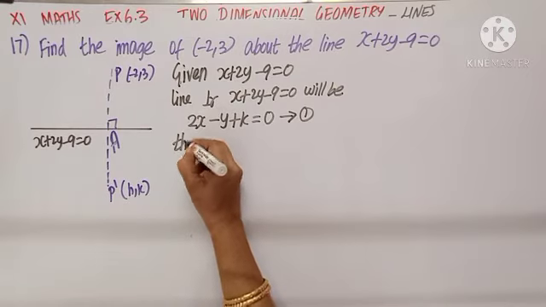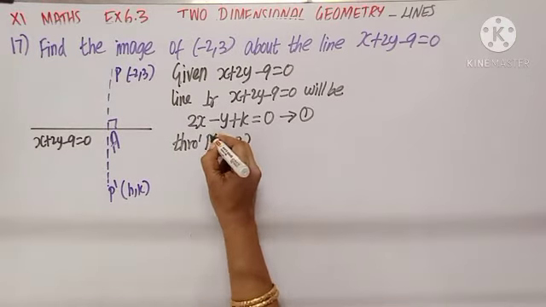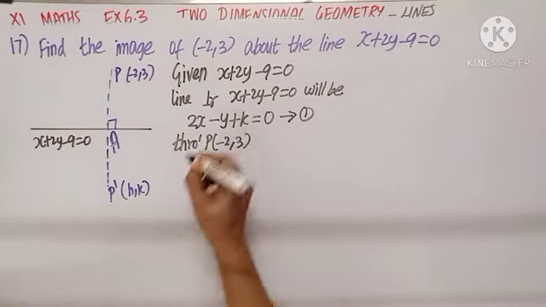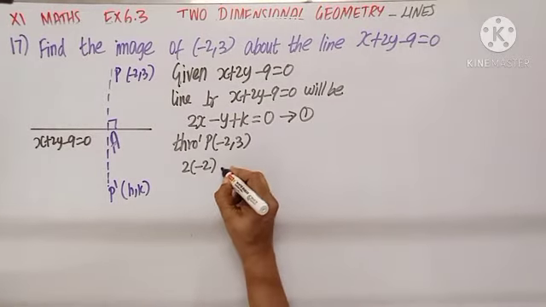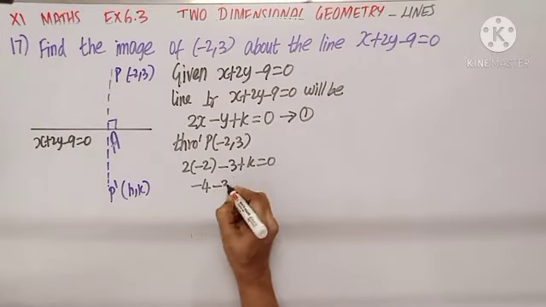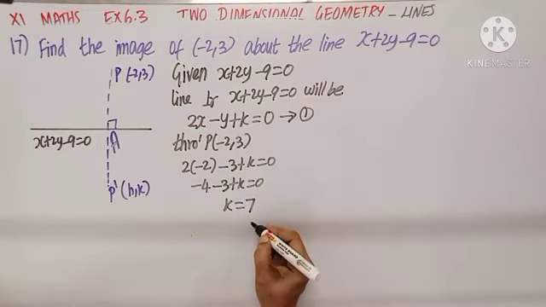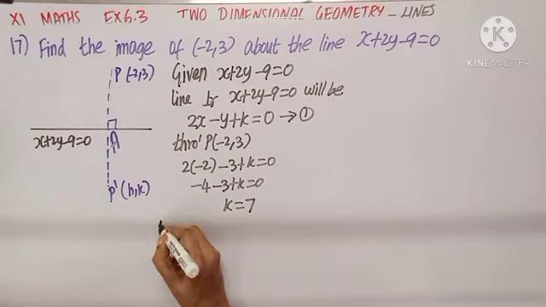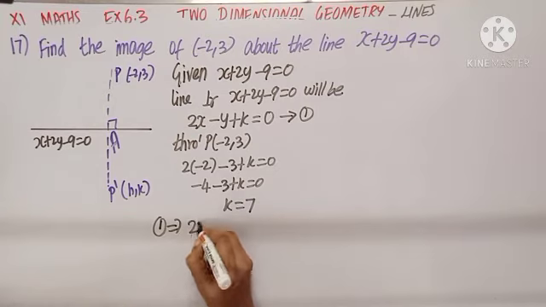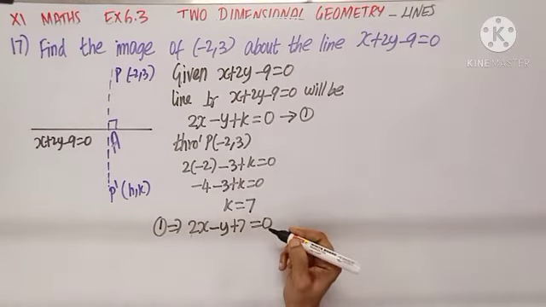It is passing through minus 2, 3, that is P. If I substitute, 2 into minus 2, minus 3 plus k equals 0, or minus 4 minus 3 plus k equals 0, or k equals 7. Putting it back in the first equation, I get 2x minus y plus 7 equal to 0.